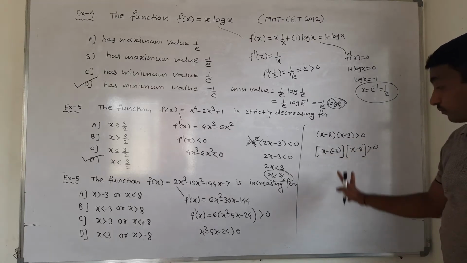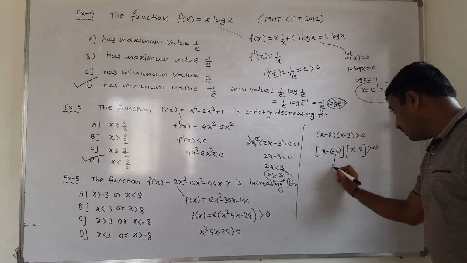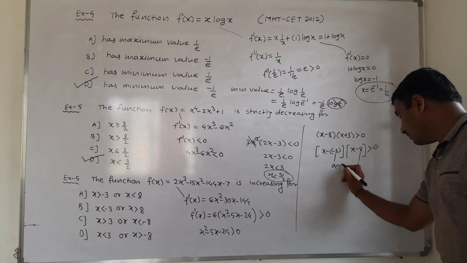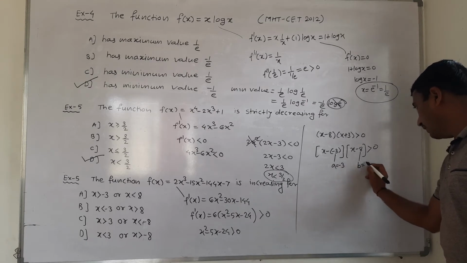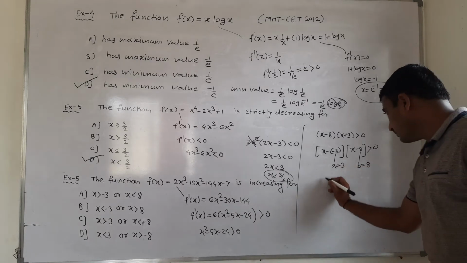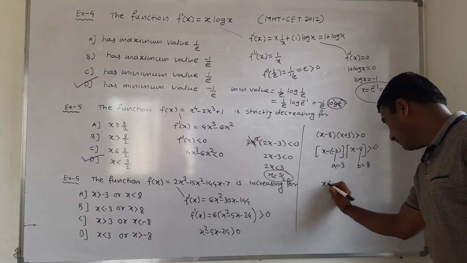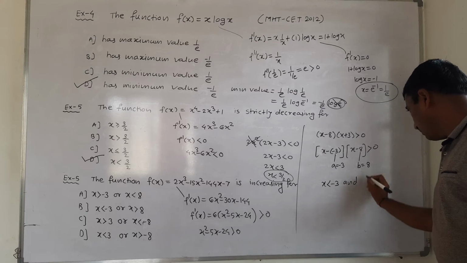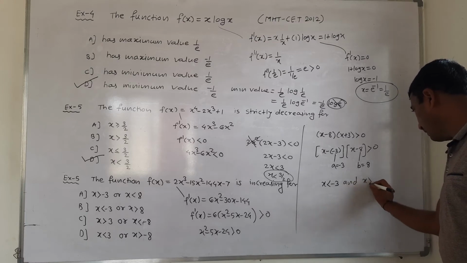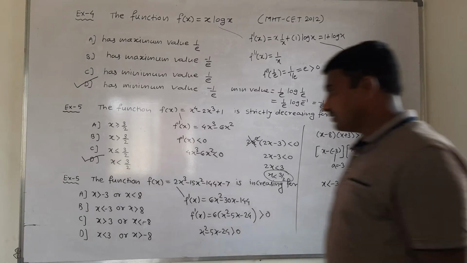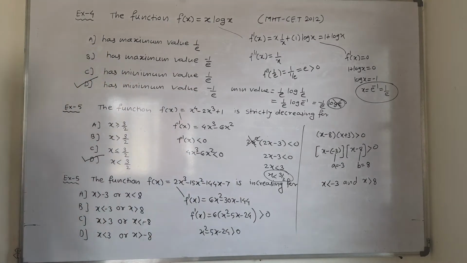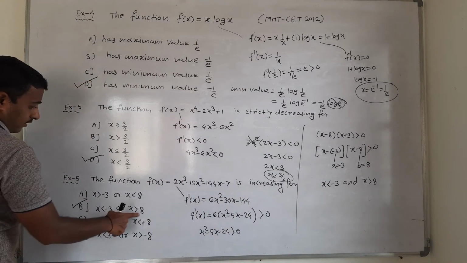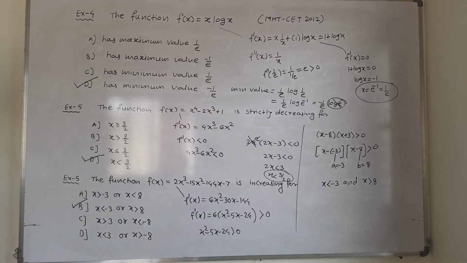Therefore the solution set of these two linear factors, a is equal to minus 3 and b is equal to 8. Therefore the solution set is x less than minus 3 and x greater than 8, that is B option.